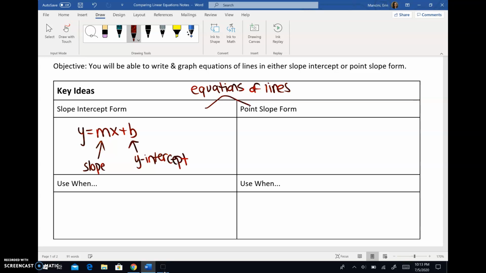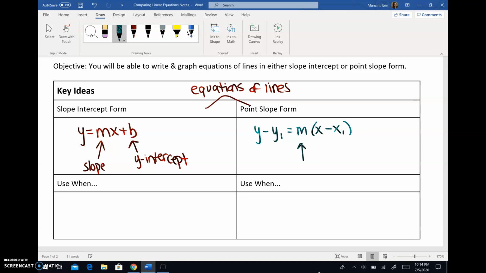Whereas point-slope is the form when you have a point and a slope. You take your y variable and subtract your y coordinate, and that's equal to your slope m times the x variable minus your x coordinate. So y minus y1 equals m times x minus x1.